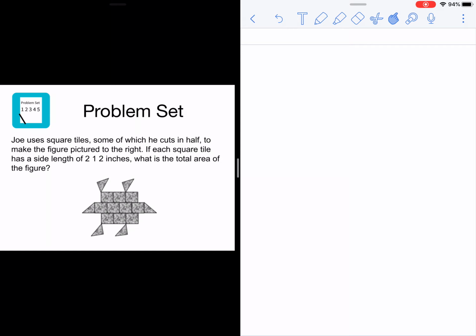So each square tile is 2 1/2 times 2 1/2. Sorry everybody. Each square tile is 2 1/2 by 2 1/2.